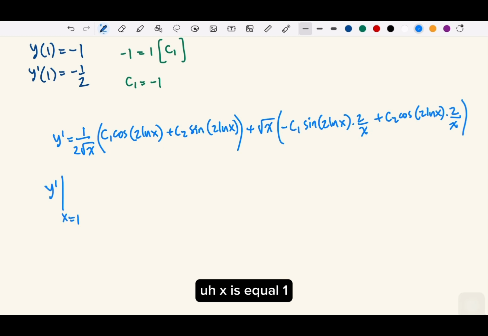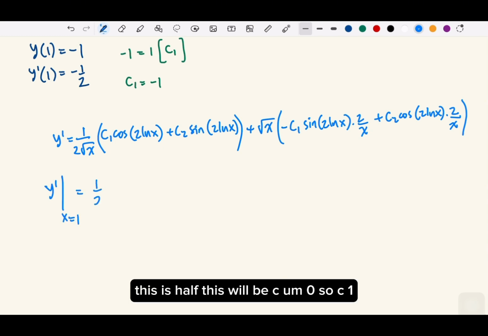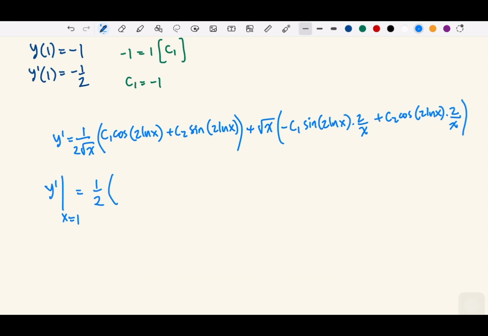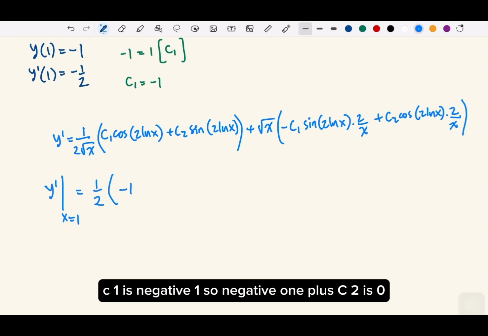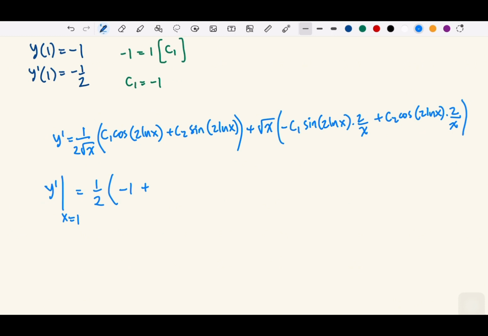x is equal to 1. This is half. This will be 0. So C1 is -1, so -1, plus C2 is 0, and plus 1.